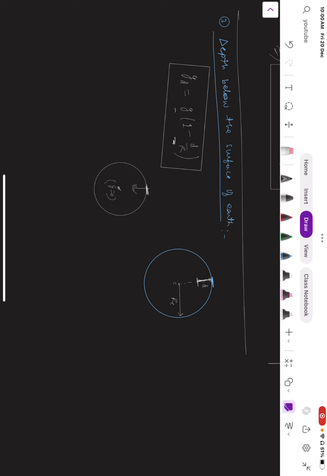So the surface point has the maximum gravity, and from maximum to zero the value of gravity will be decreasing. So if you go downward into the earth by digging, your gravity will decrease to zero.